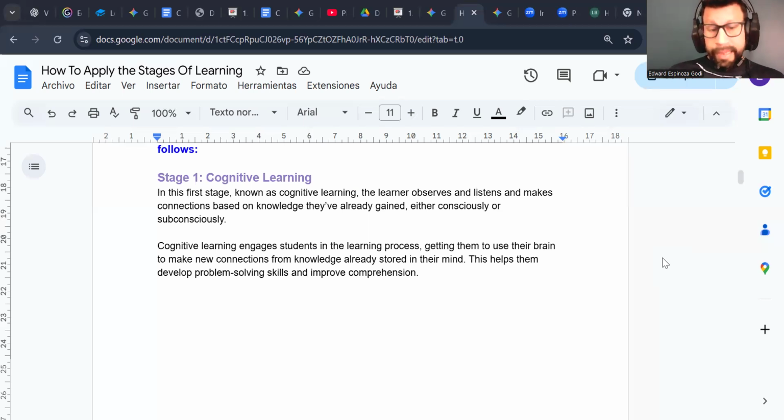Cognitive learning engages students in the learning process, getting them used to using their brain to make new connections from knowledge already stored in their minds.